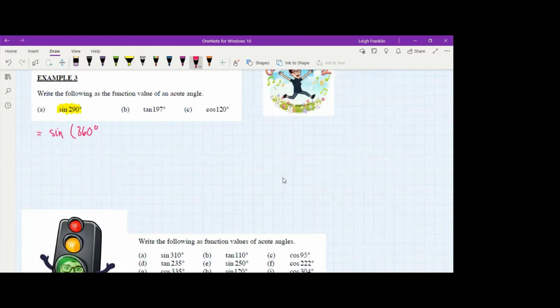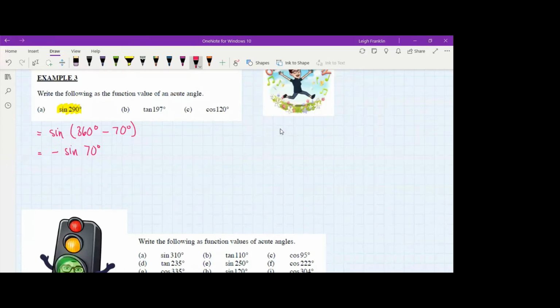The bracket still has to have the same value as what we were given, so we have to subtract 70 degrees. Now sine of 360 minus theta in quadrant 4, sine is negative. So this reduces to negative sine 70. Do you see how we can apply it to numbers as well?